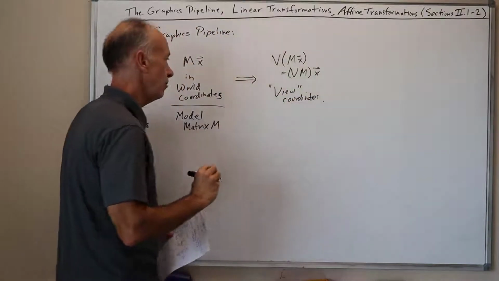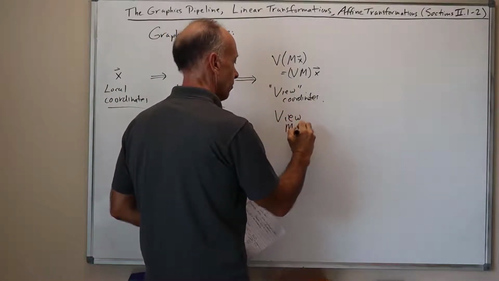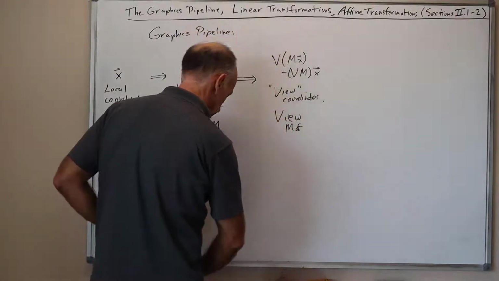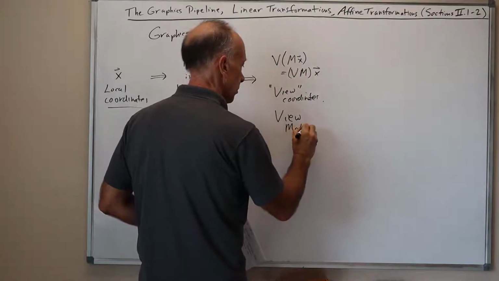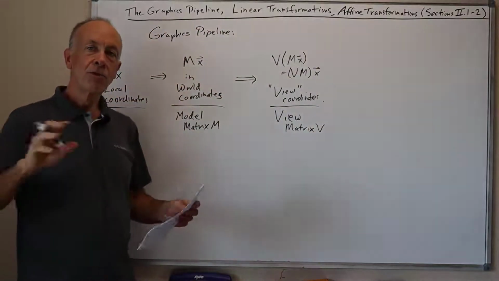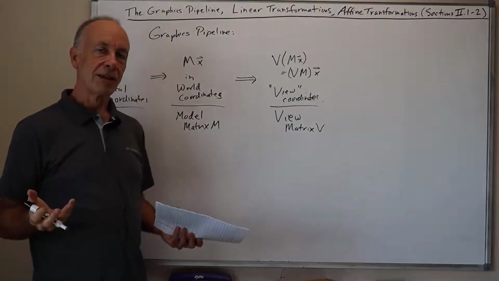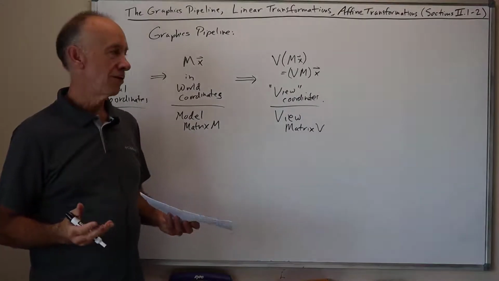So here we're thinking of the viewer as specified by a matrix V, and we're either thinking of moving the viewer around in space to look at objects, or of moving the objects around in space to sit in front of the viewer.